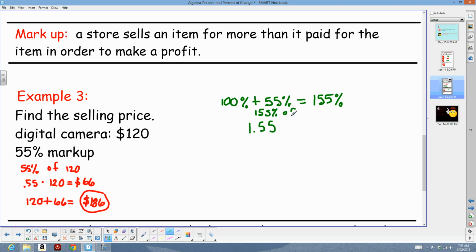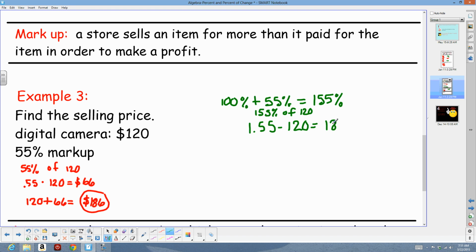120, it's 1.55 times 120, and that ends up being $186.